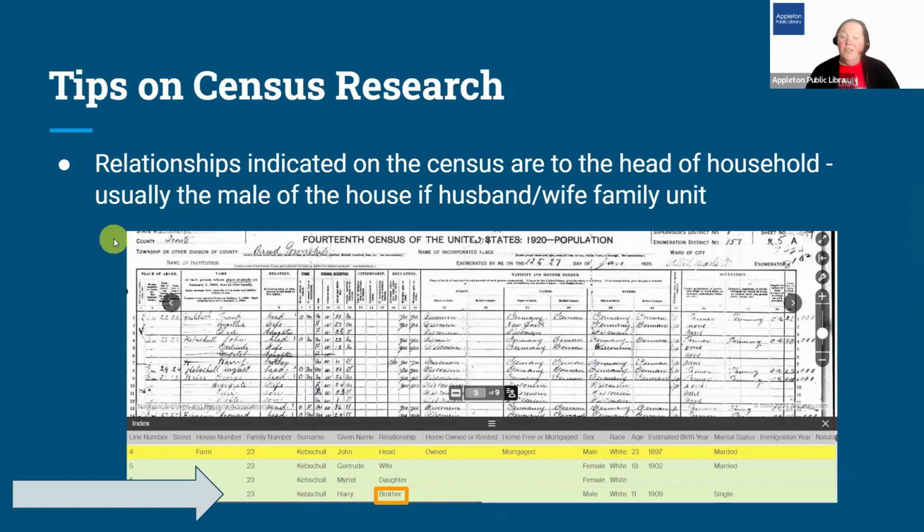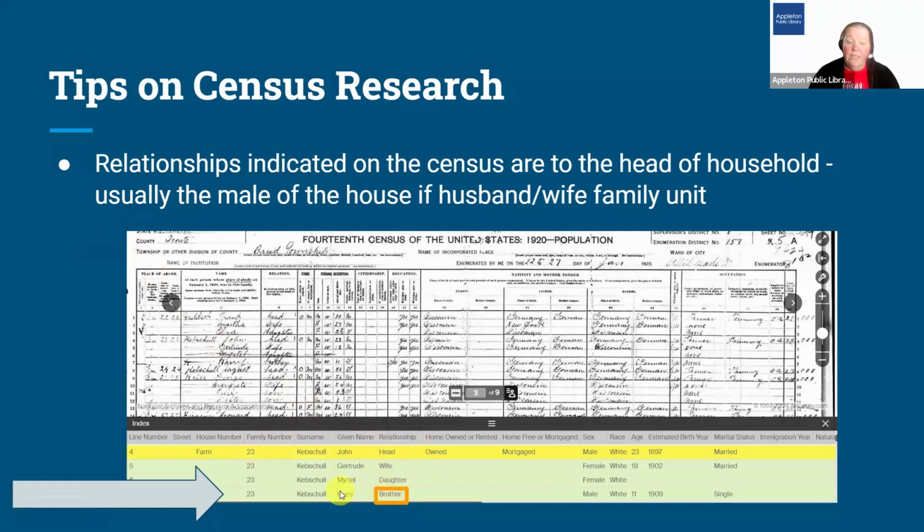I also wanted to point out that the relationships on the censuses are to the head of the household, and that's usually the male of the household if it's a husband-wife family unit. Of course, if the man's dead or they're divorced, it might be a female head of household. But keep that in mind. So for this family, for example, John Ketchel is the head of the household, and you can see there's a brother listed here.